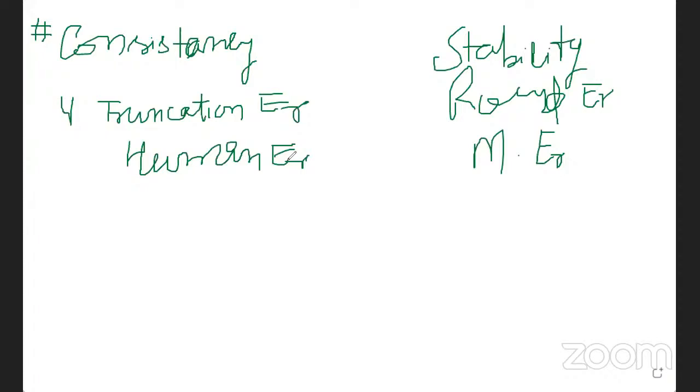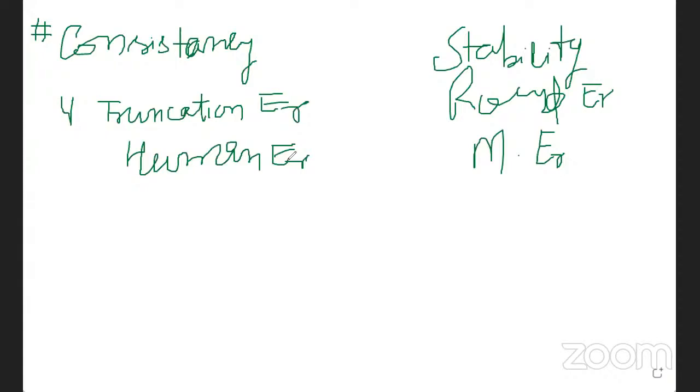Why do we approximate? Because we don't have any methods, or there is our limitation. We are not able to solve the mathematical problem exactly. So the error caused due to our limitation is known as the human error, or truncation error.